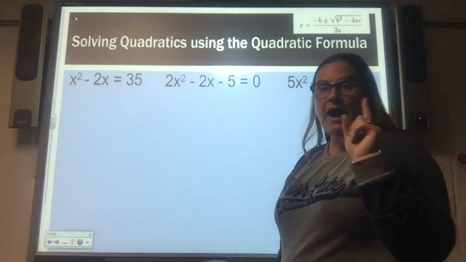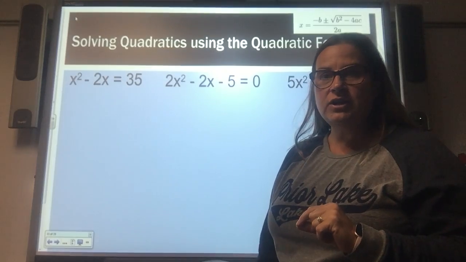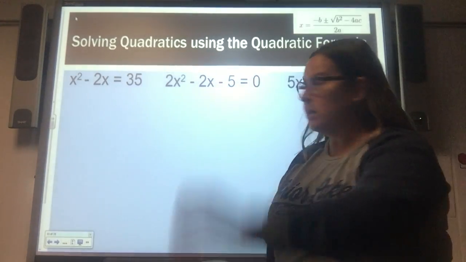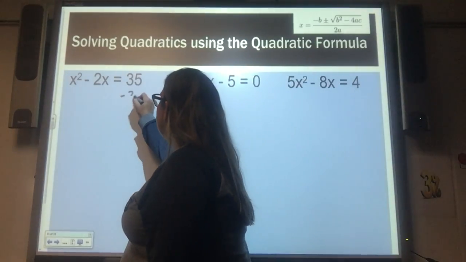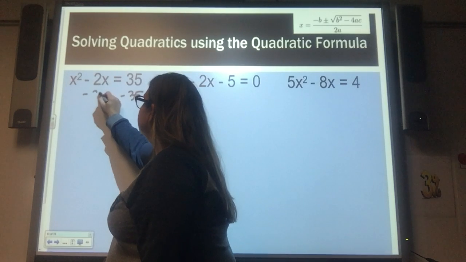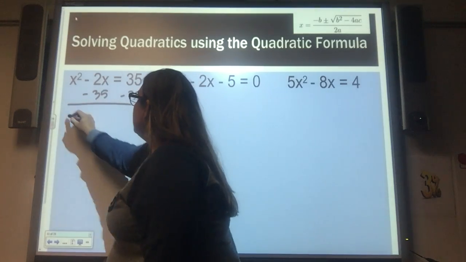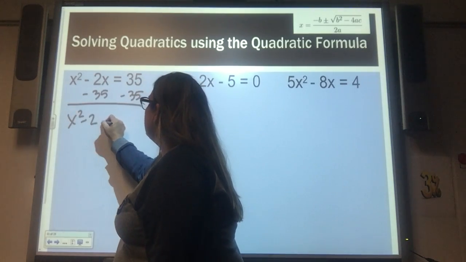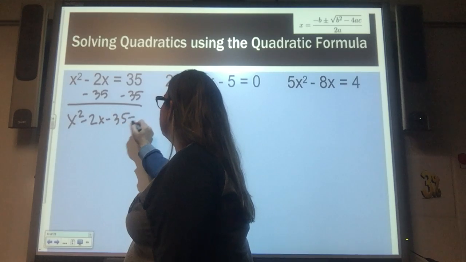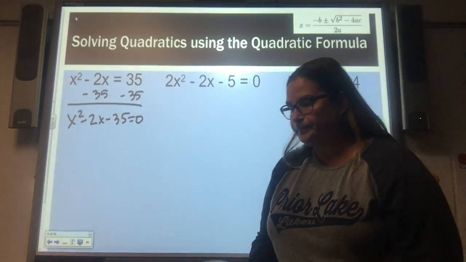So reminder, you have to have your quadratic equation equal to 0. So we're going to subtract 35 from both sides, okay? So we have x squared minus 2x minus 35 equals 0.